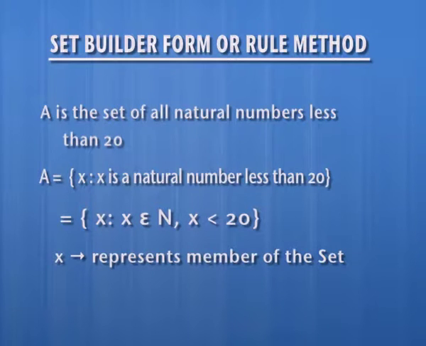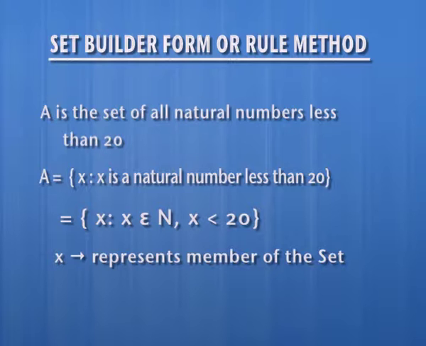Then what is the property? The number is a natural number and the number is less than 20. So, we write down the set as set of all x such that x is a natural number and less than 20.